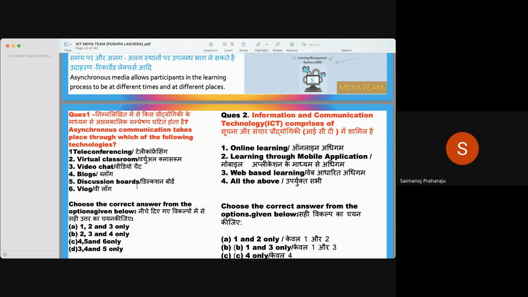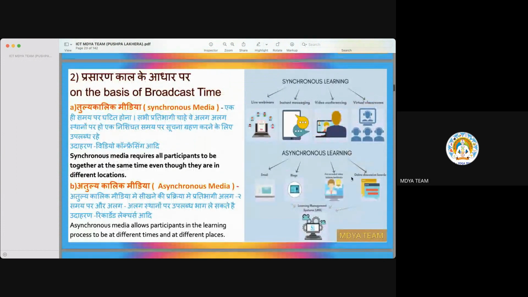Ma'am, what happens in discussion boards? Discussion boards means some discussion is going on on some portal. Whenever something is flashing out, some discussion is going on.